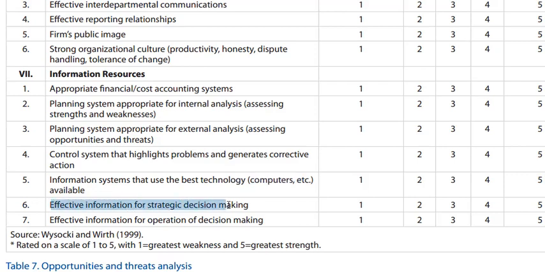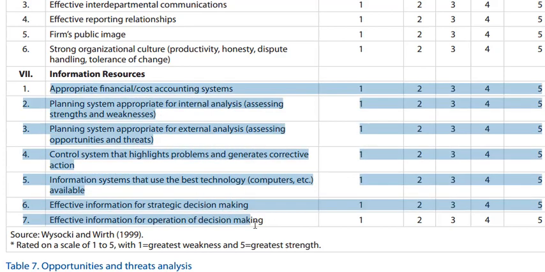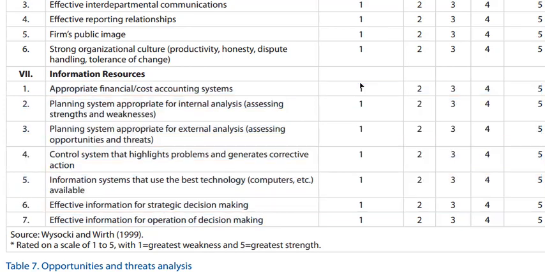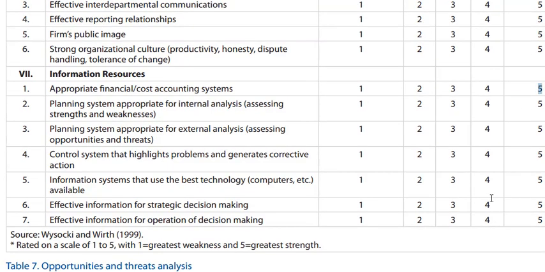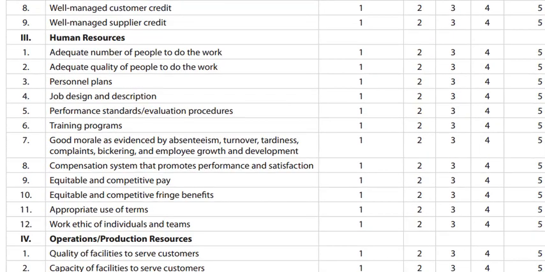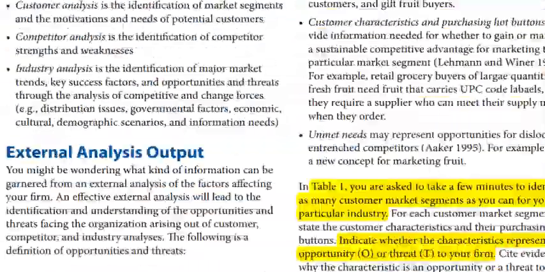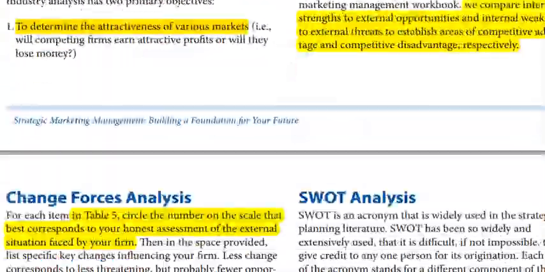Efficient information for strategic decision making, and effective information for operation decision making. We will judge whether all these information systems are either weak or strong. After completion of this table number 6, we move on to the next table, and that is table number 7.